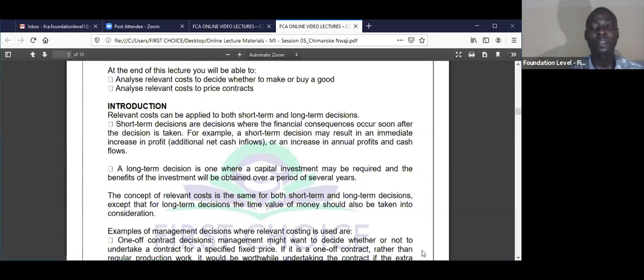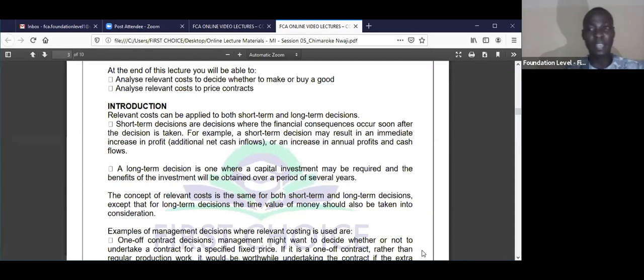Short-term decision-making. At the end of this lecture, you will be able to analyze relevant costs and to decide whether you want to make or buy goods. Then you're also going to analyze relevant costs to price contracts.